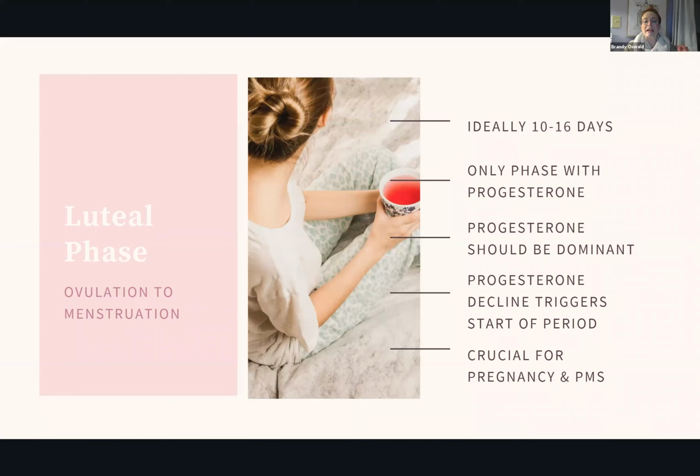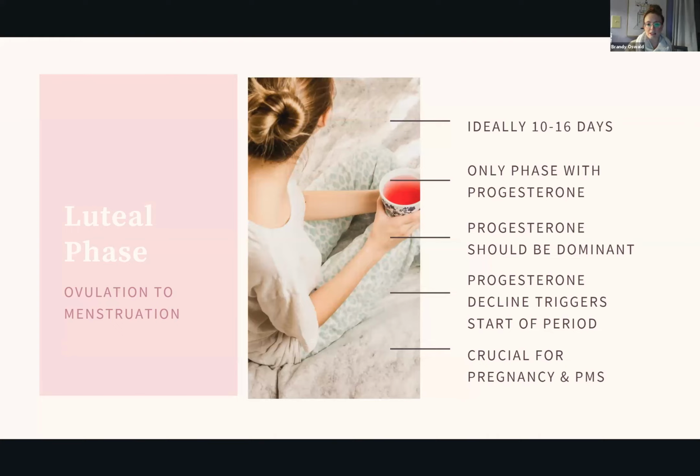And progesterone is amazing. It's very calming. It can be very relaxing, grounding. It helps with things like anxiety, with mood swings, with breast symptoms, with all that PMS stuff. If we have a lot of good hearty progesterone, we tend to have fewer premenstrual symptoms.